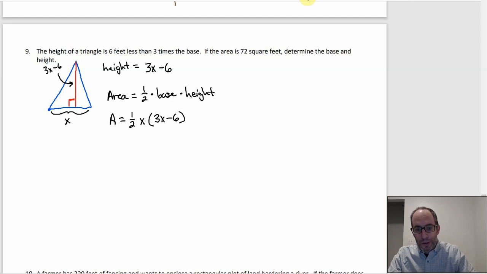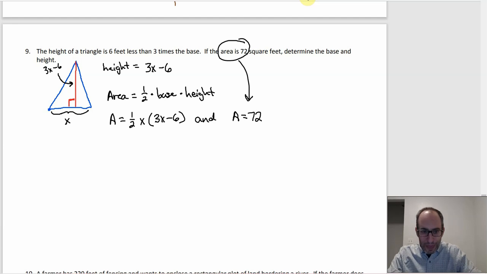But the other thing we know from up here is that area is 72 square feet. So A is 72. Then these have to be equal to each other.